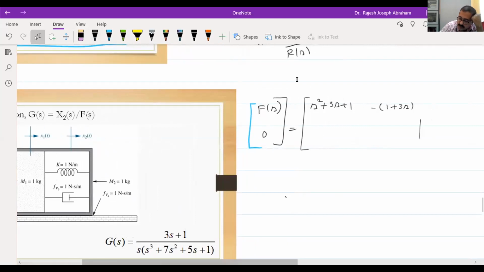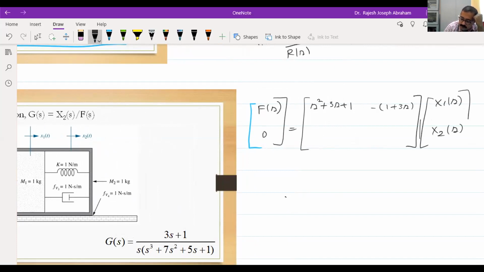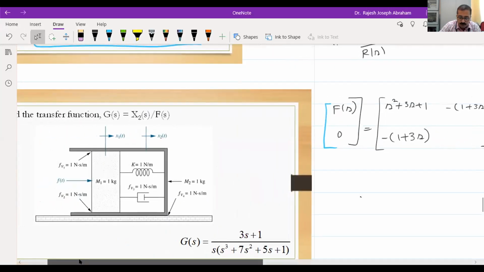So this becomes like this into X1 of s, X2 of s. Now, what will be 2, 1? Same as 1, 2. That means minus of 1 plus 3s. Now, what will be 2, 2? 2, 2 means the sum of all impedances, all elements connected to M2, including M2.